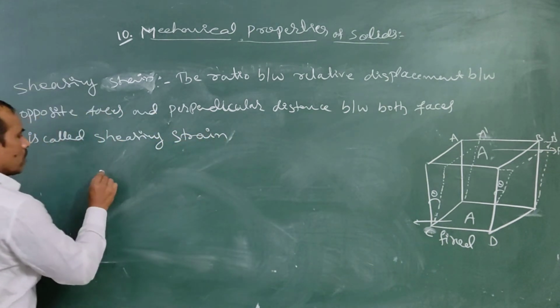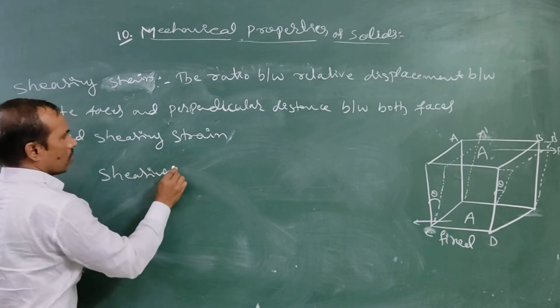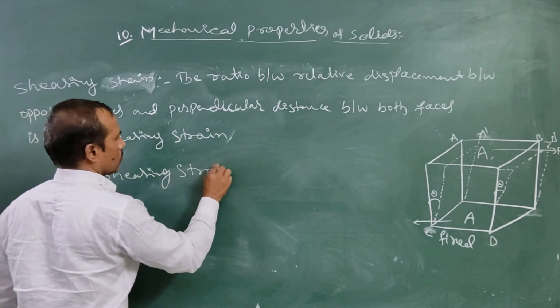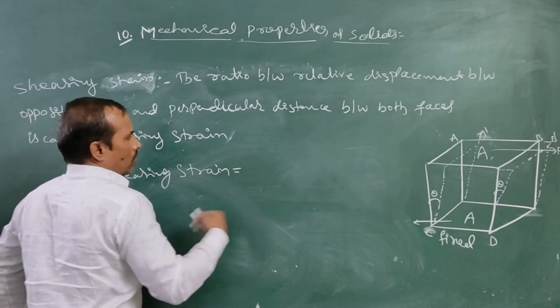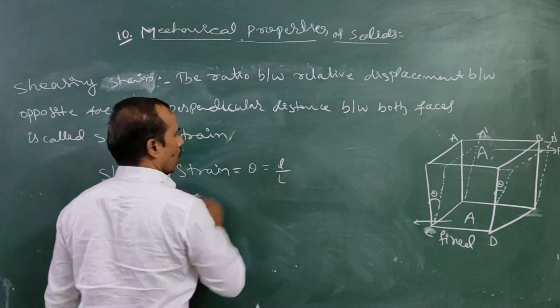Okay, so shearing strain theta is equal to l by L.